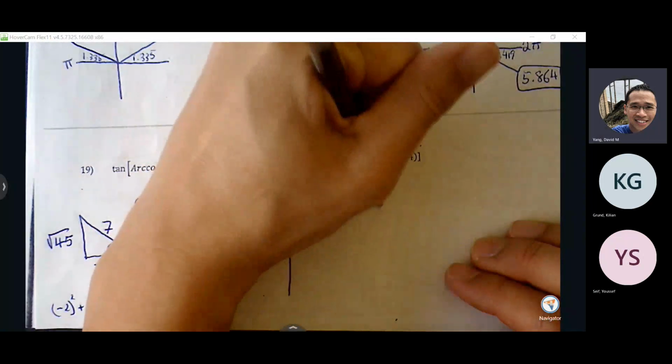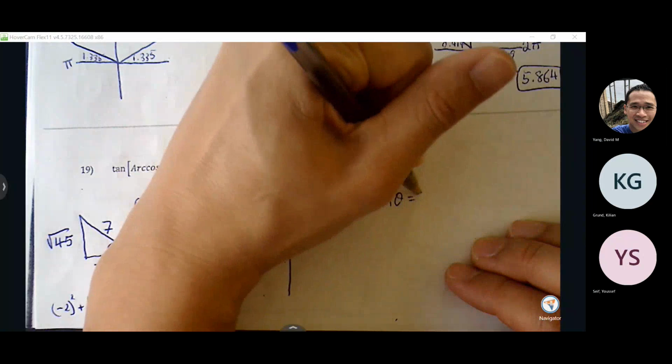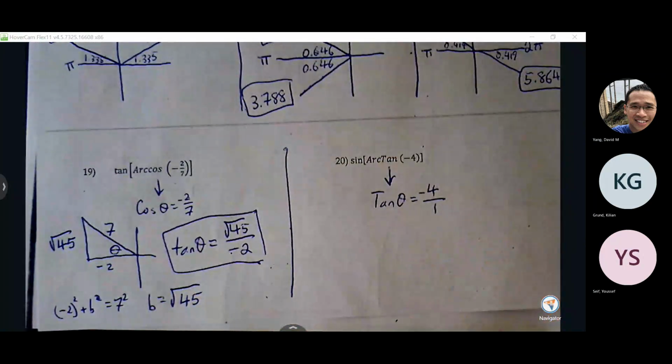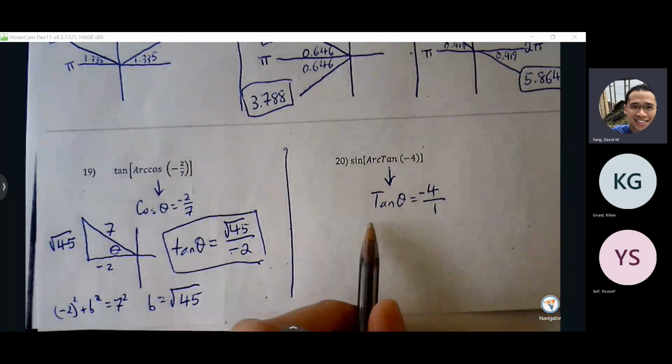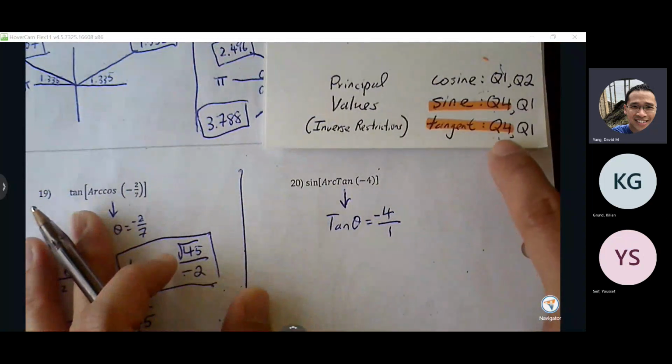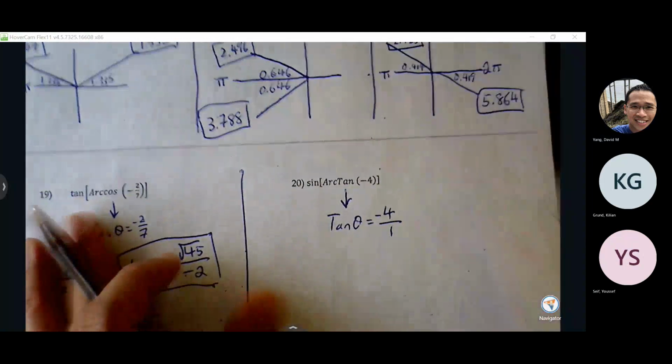Okay, our tangent of negative 4. Tangent is negative uppercase T, so we have to do principal values here. Make sure we pick the correct quadrant. Quadrant 4 is where tangent is negative.